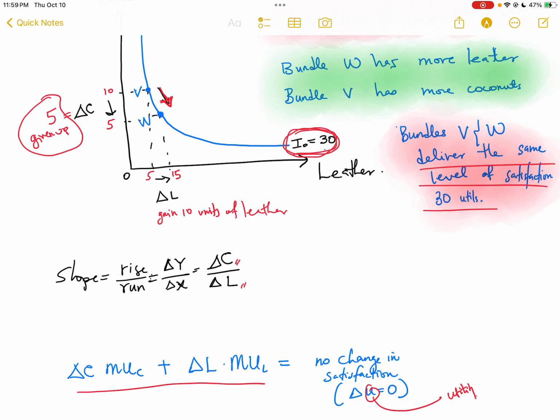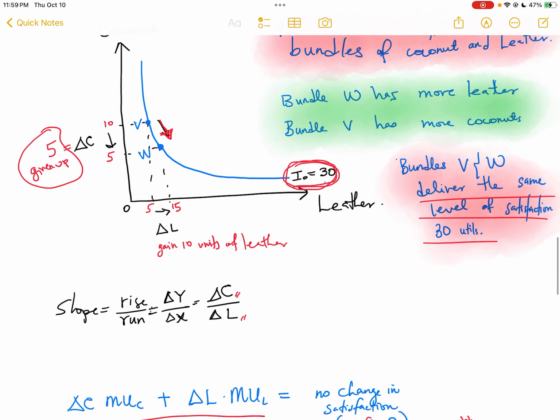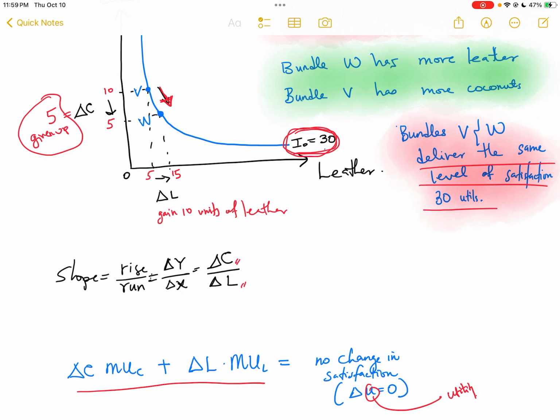All right, so what about this stuff? What is it? Well, as you move from bundle V to bundle W, there is a change in coconut. And I put some numbers there so we see that we give up 5 coconuts, right? So there's a change in coconuts. Good. Along with that decrease in the number of coconuts we consume, there is also the marginal utility that's now delivered to us.